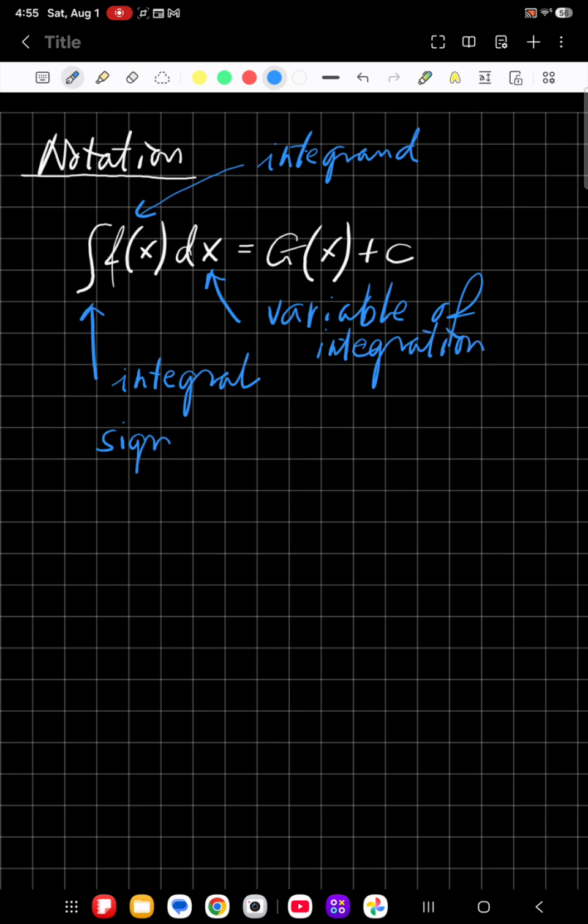Let me rewrite it here because it's messy up there: g of x plus c. This is called the antiderivative, and this is called the constant of integration.